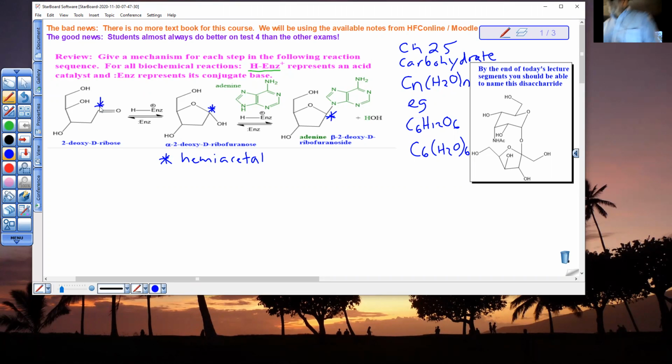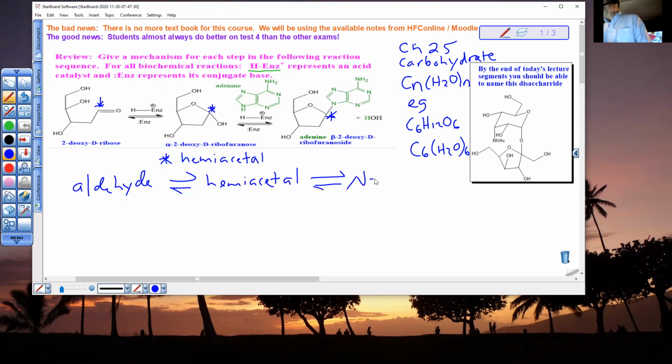And in the scheme up here, aldehyde is in equilibrium with hemiacetal, is in equilibrium with N-acetal. It's like an acetal, but nitrogen took the place of an oxygen.